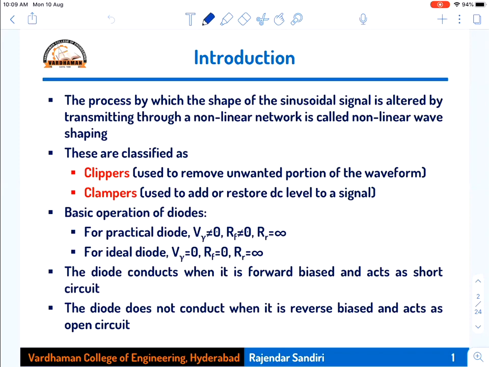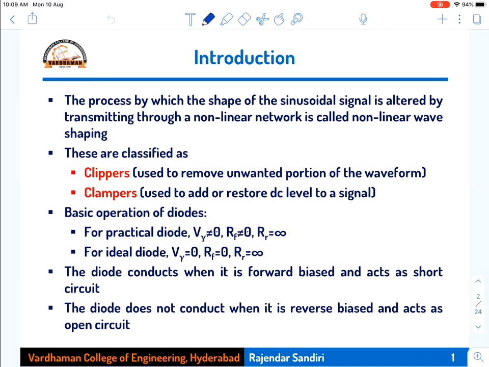If the sinusoidal signal shape is altered by transmitting through this circuit, then at the output we will see some portion of the waveform clipped off or sliced away, or there will be some change in the DC levels.